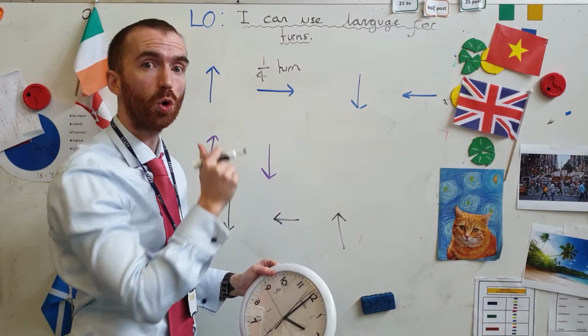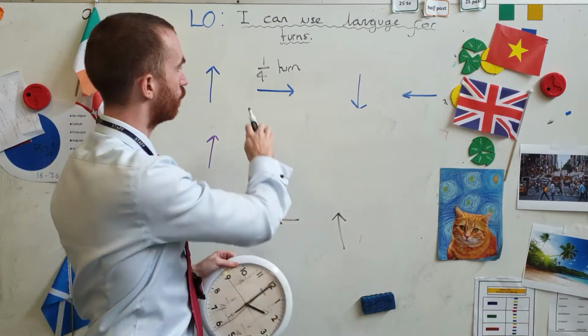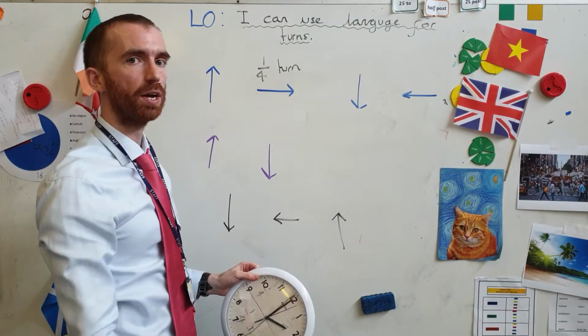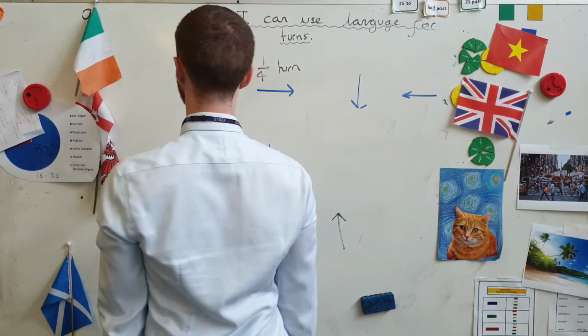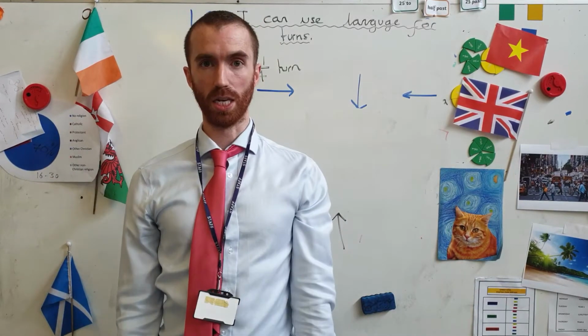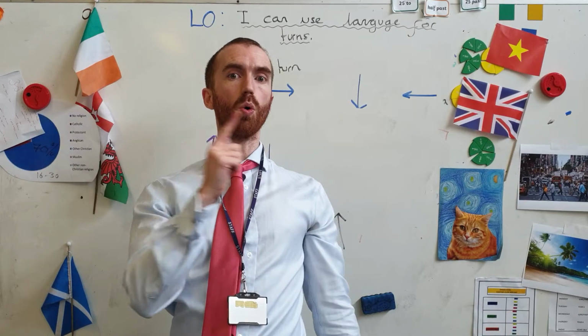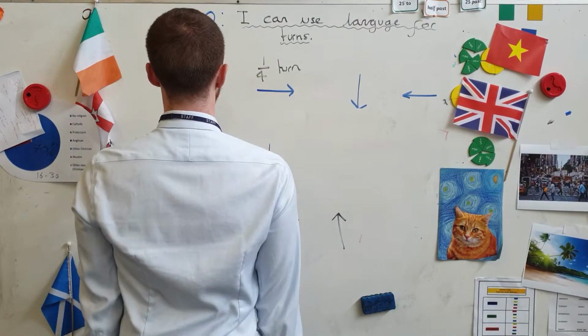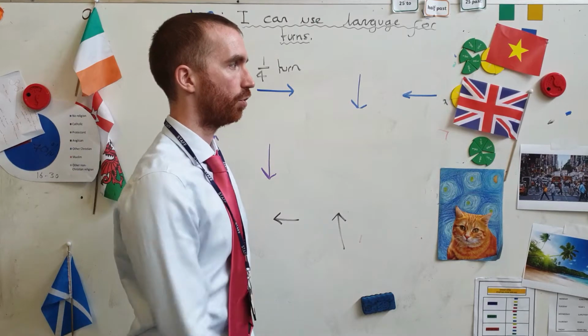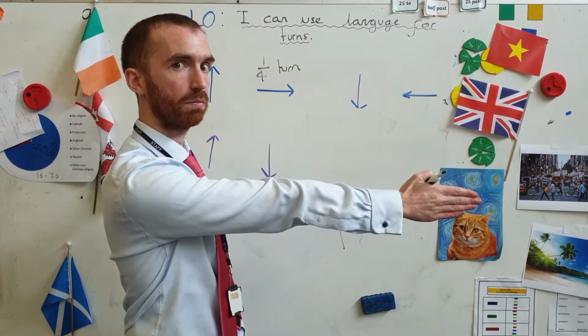Okay? A quarter turn. We have gone a quarter of the way around. If I was standing here and went back to here, I would have made a whole turn. Okay? But this arrow has started here and has gone to here. So it has made a quarter turn.